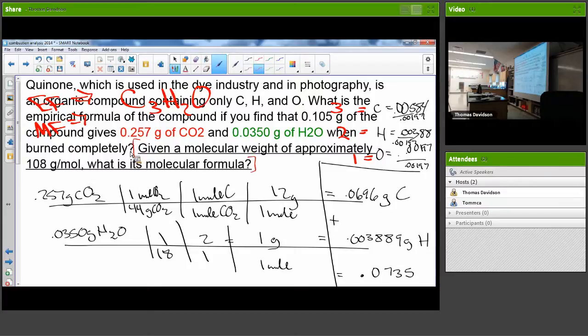Finally there's a part that is simple. You add these parts up: 3 C's, 2 H's, 1 O, and you get 54 grams as its molar mass. But the instructions tell you it should be 108. So how does 54 become 108? You multiply it by 2. Everything gets doubled: C6H4O2.